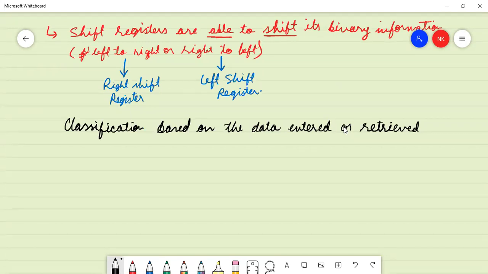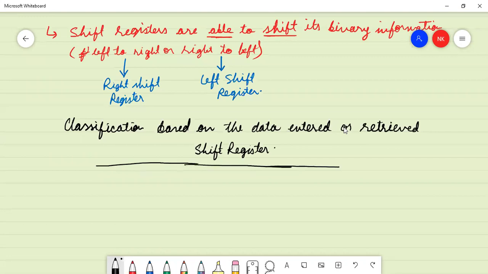So the shift register is divided into 4 types. Okay, let us see all those 4 types.